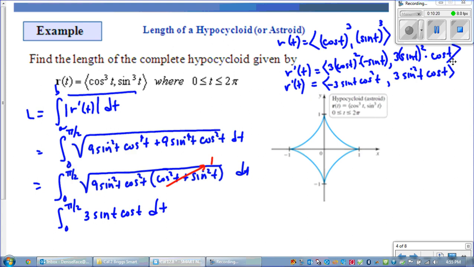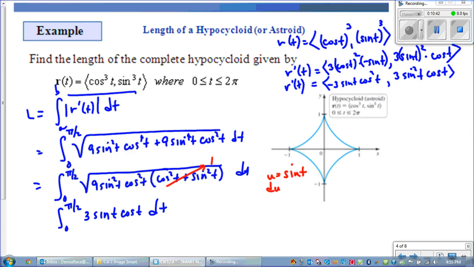There's several ways to integrate this. One way is to recognize sine t cosine t, and you can change that to a double angle formula or a product to sum formula. The simplest thing here is probably to use a u substitution. I'm going to let u equal sine of t.